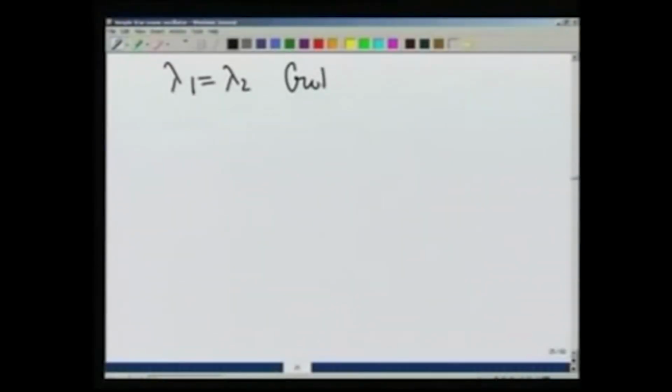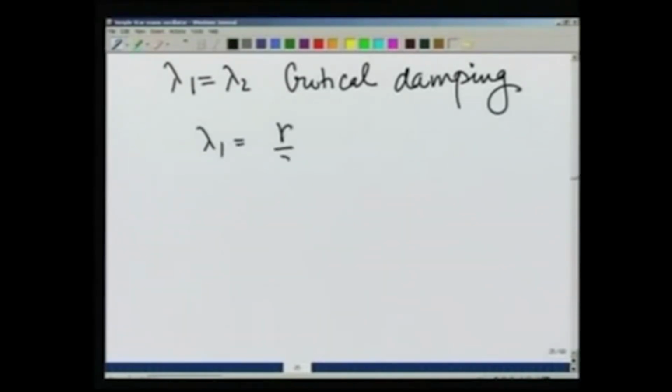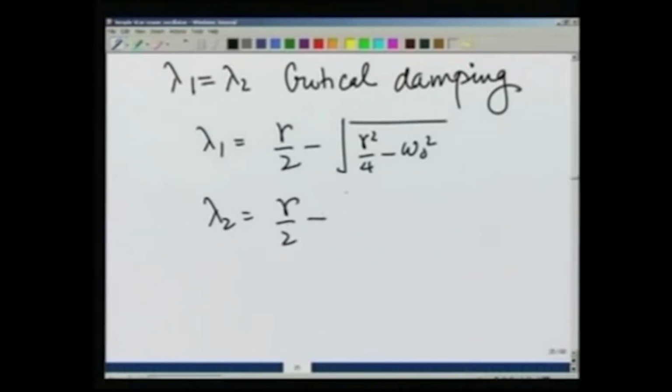Let us now take the case when lambda 1 is equal to lambda 2. This is known as the case of critical damping, and what it means is, remember, lambda 1 was gamma over 2 minus square root of gamma square over 4 minus omega 0 square, and lambda 2 was gamma over 2 plus square root of gamma square over 4 minus omega 0 square.